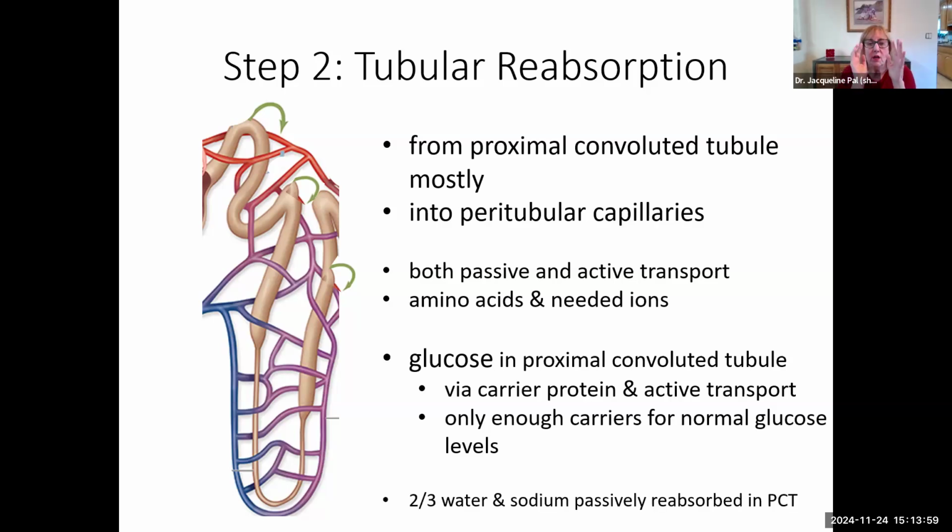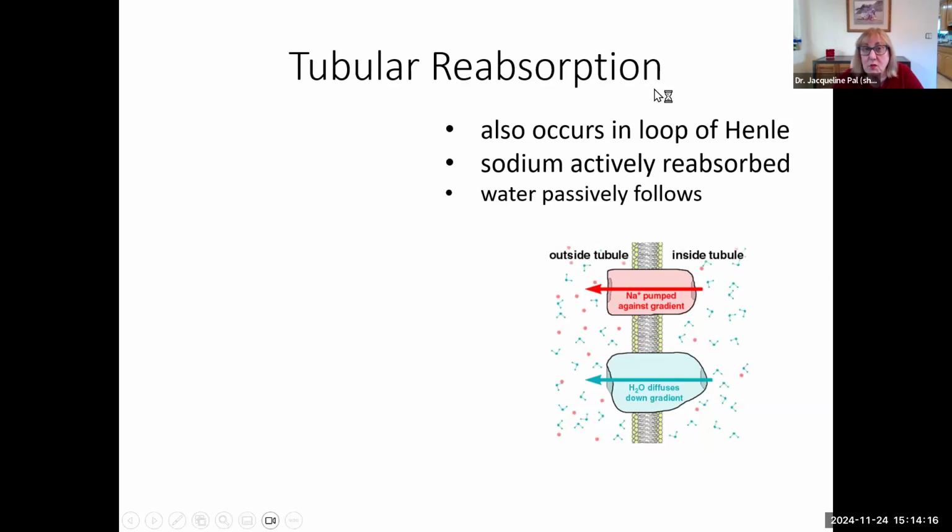So, 2/3 of the water and sodium are going to be passively reabsorbed in the proximal convoluted tubule. So that still leaves us with 1/3 of each. And that goes into the loop of Henle, where we're still going to have some tubular reabsorption occurring.